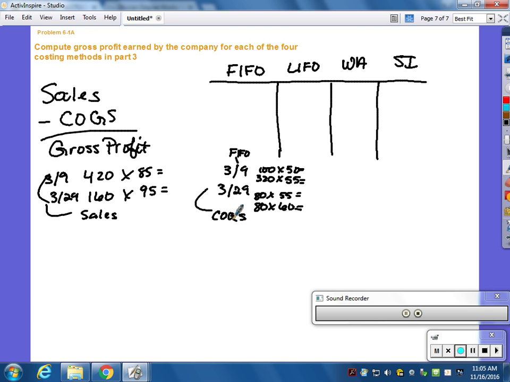The sales stay the same for all of the assumptions. LIFO, on 3.9 you did 400 units at 55, and you did 20 units at 50. And then on 3.29, you did a whole 160 units at $62. So you need to figure out what that is.